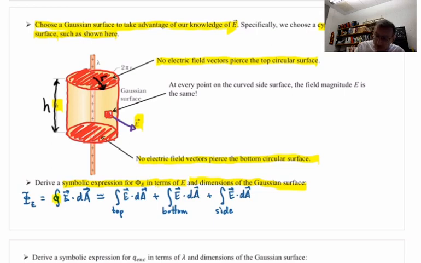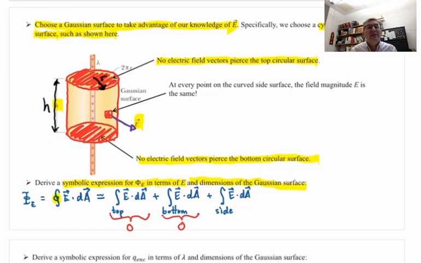Now here's what I can say about these three integrals. The integral of E dot dA over the top surface is 0. You see, we just said there aren't any electric field vectors piercing the top circular surface. They skim it, but they don't pierce it. By the same logic, the integral of E dot dA over the bottom circular surface is 0.